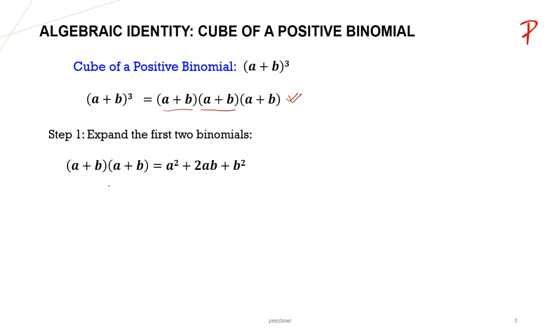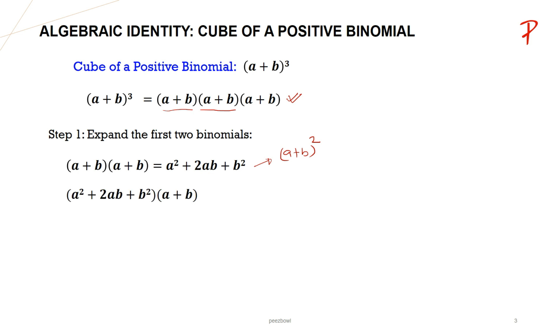This is a square plus 2ab plus b square, and we have already covered it in my previous video. That is our familiar identity for a plus b to the power 2, which is nothing but a plus b whole square.